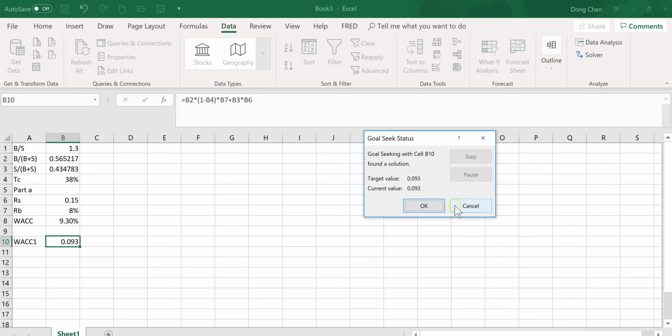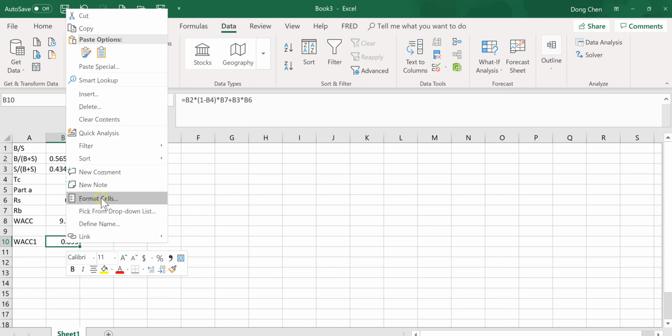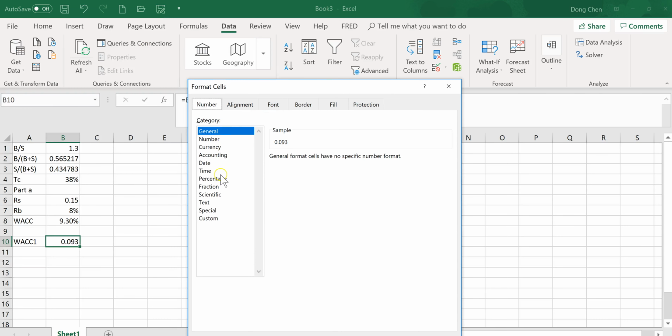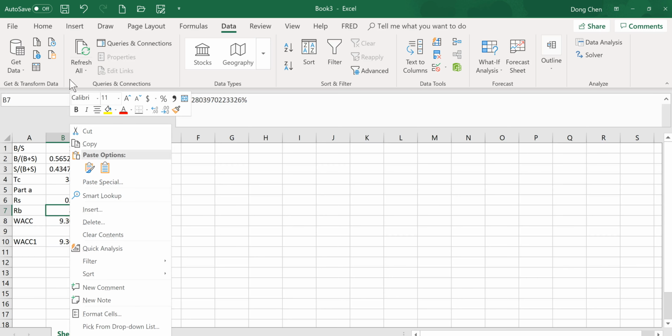And so now, let me format this to make it a percentage. So you see that these two exactly match each other. Now RB equals 8% rather than the assumed 10%?